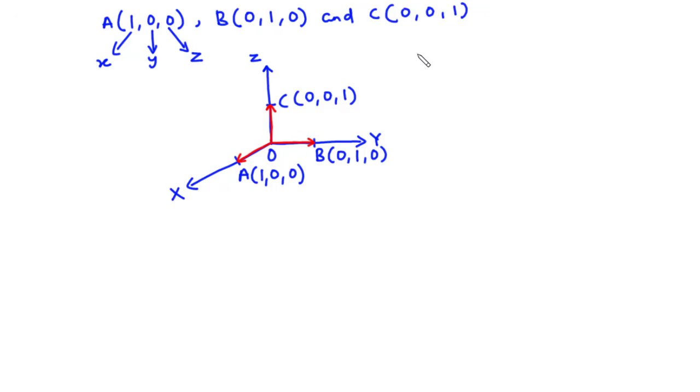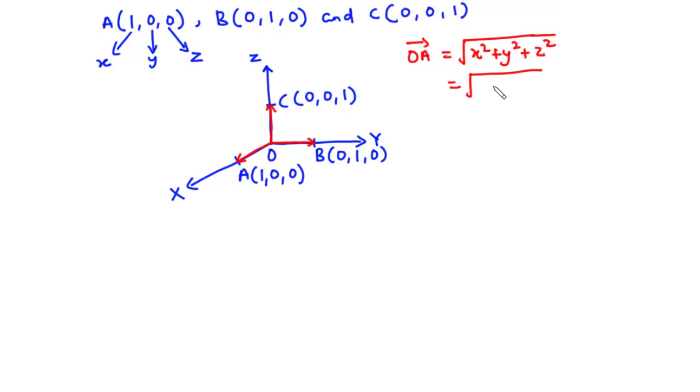Now the magnitude of the vector OA is simply given by the square root of the square of the x component plus the square of the y component plus the square of the z component. Now we have the x component to be 1, the y component to be 0, and also the z component to be 0.